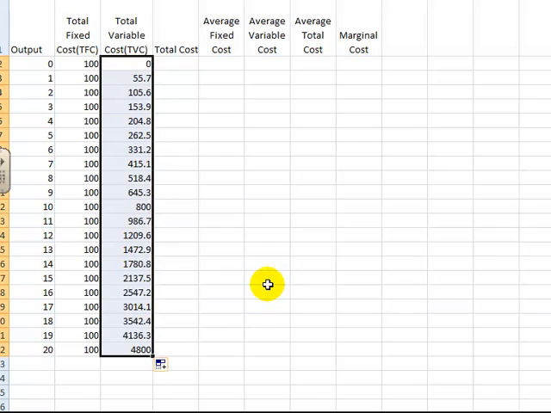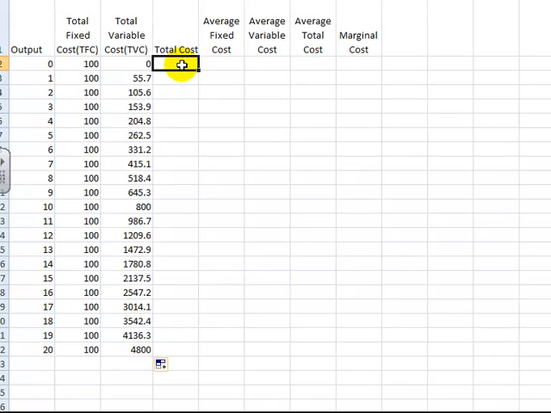Pull down the little button to copy all the formulas. Then total cost equal to fixed cost plus total variable cost.